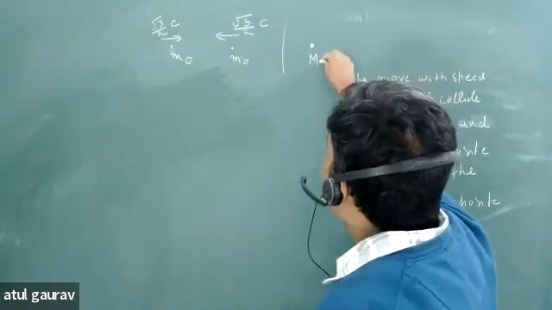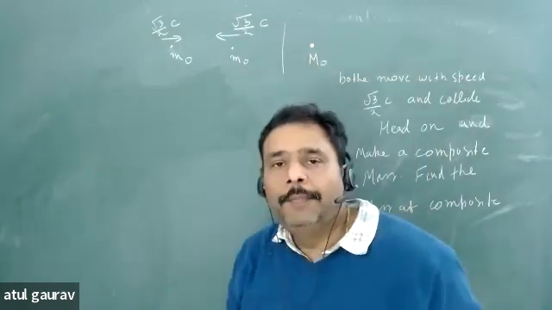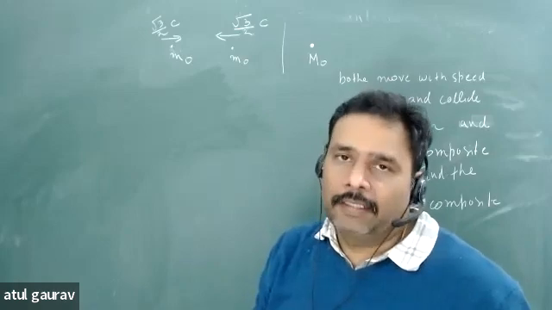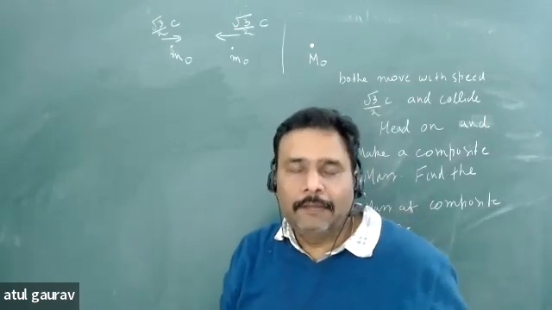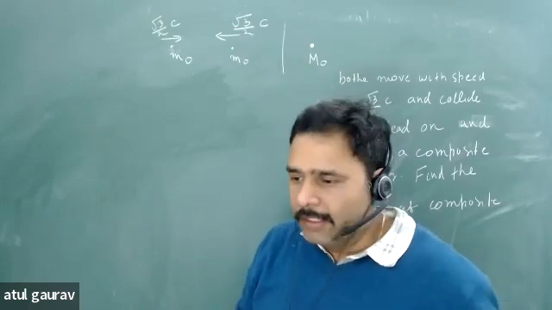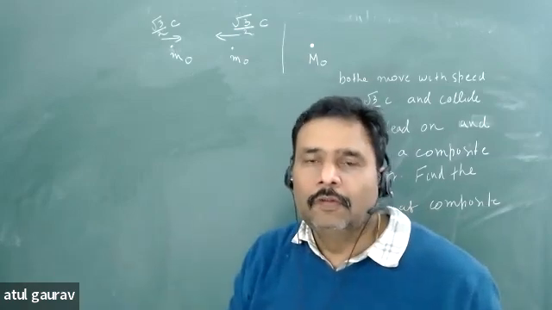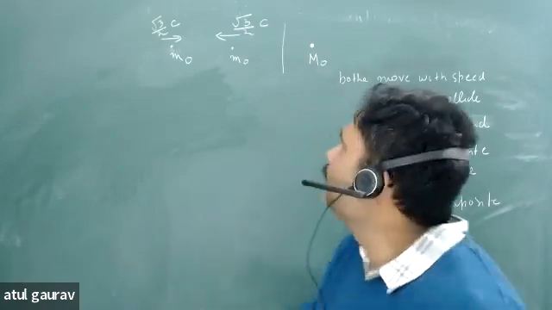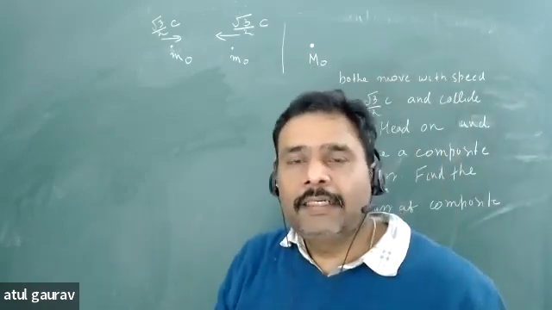So after the collision, this particle will appear as a rest particle. We have used the conservation of momentum directly. Initial momentum is 0, that means the final momentum is also 0, which states that this particle will be at rest, isn't it?